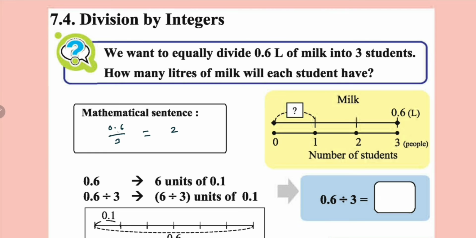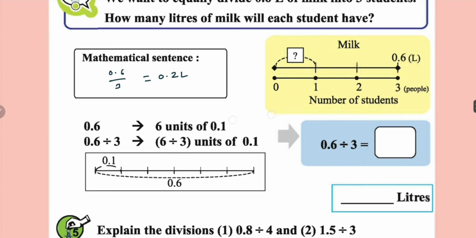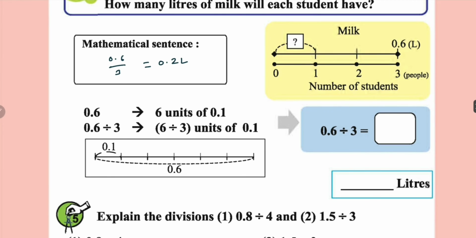There is only one digit after the decimal point, so here also it should be one digit after the decimal point. So this is 0.2 liters. Or otherwise, our long method: 0.6 is 6 units of 0.1. So 0.6 by 3 is 6 by 3 units of 0.1. 6 by 3 is 2. So 2 into 0.1, 0.2. So that is the answer.